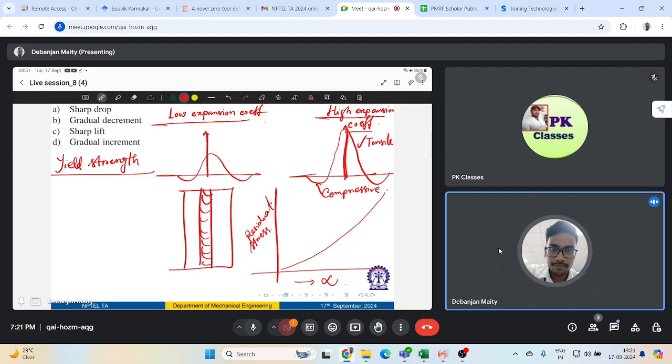One more thing I want to mention here: in autogenous welding, or welding where you are using filler metals or electrodes, of course, that results in maximum residual stress approximately similar to the base metal yield strength.